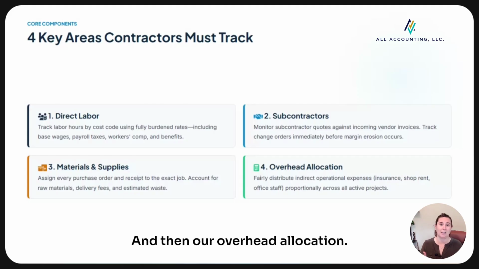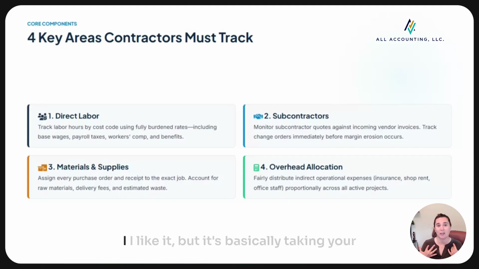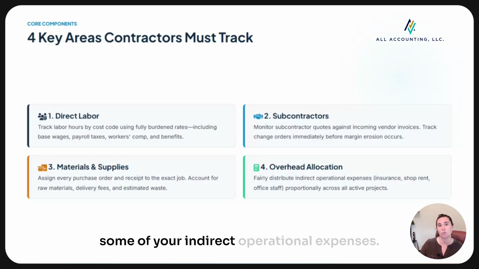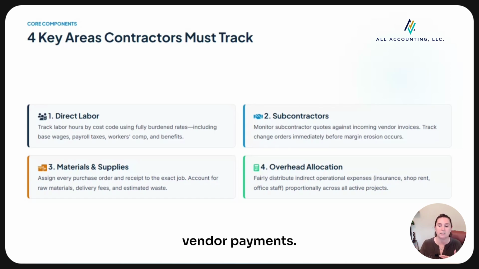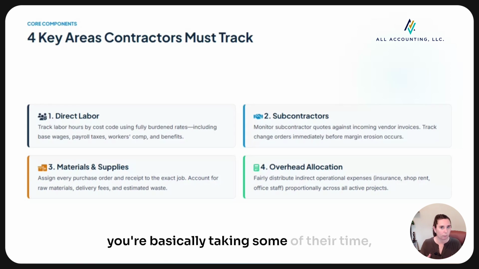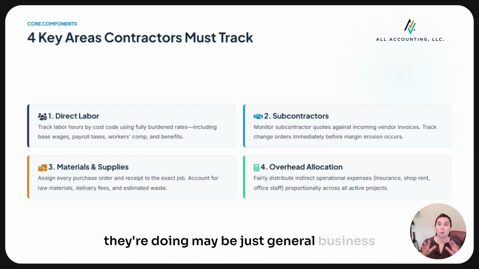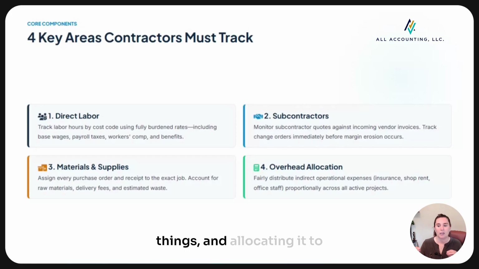And then our overhead allocation. This one is kind of accounting jargon. I like it, but it's basically taking some of your indirect operational expenses, so your shop, your other administration office help that needs to invoice out or do vendor payments. You're basically taking some of their time, not all of their time, because a lot of what they're doing may be just general business things, and allocating it to that particular job.